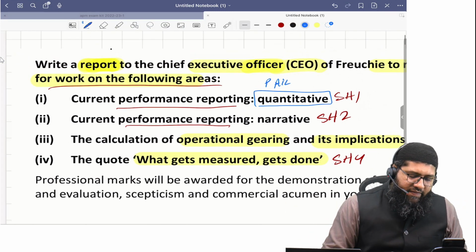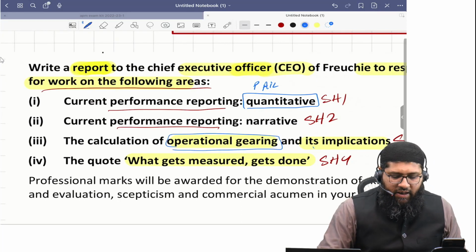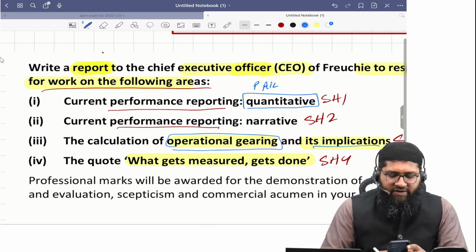Then there is another requirement, which is the calculation of operational gearing and its implications. Now if I could have a quick poll from you, what is operational gearing? Any idea, guys?